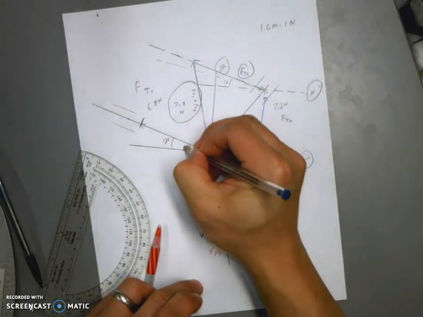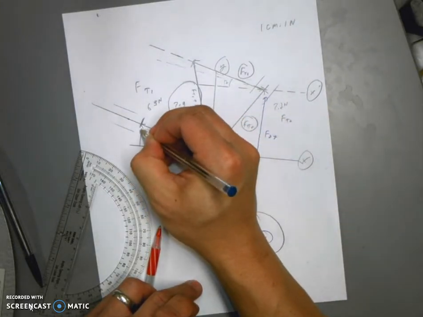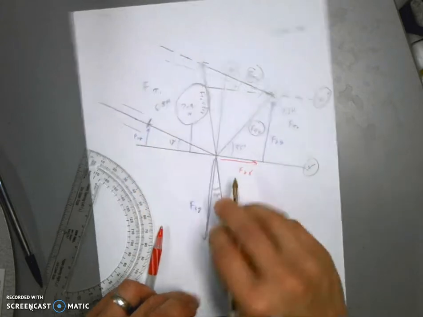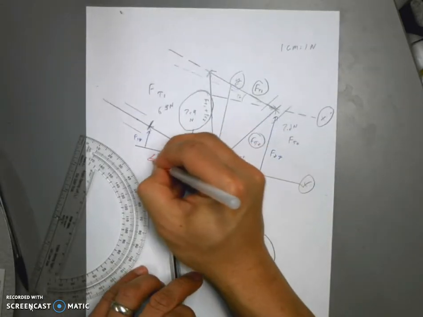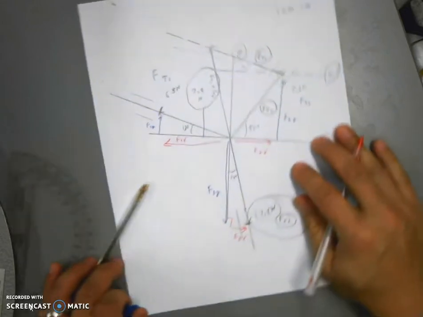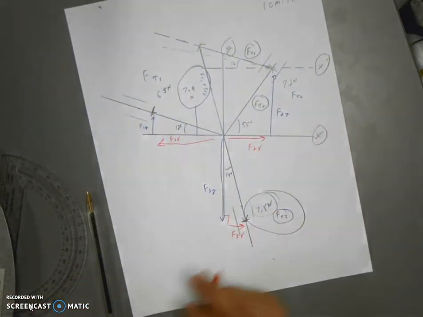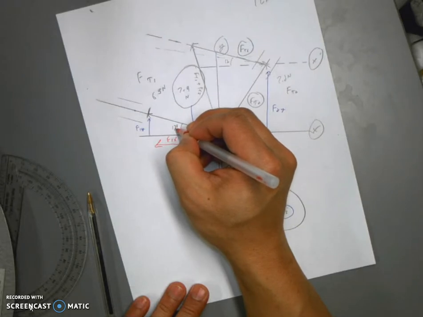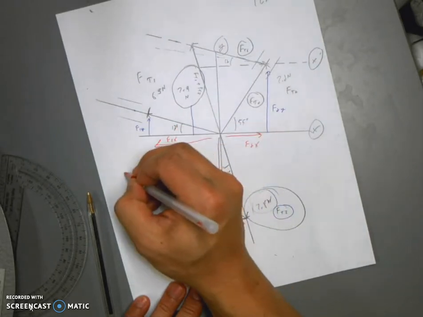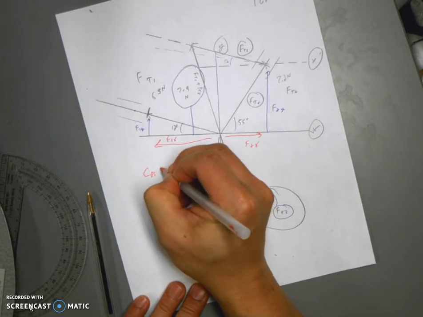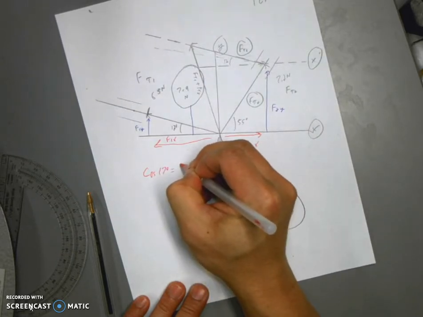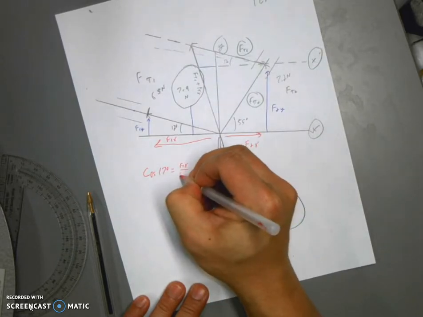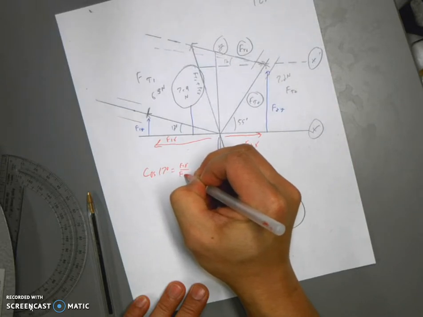Same thing over here, FT1, F1y and F1x. I'm just going to do one of these because I'm sure you can do the trig on your own. But to find F1x, since it's adjacent to the 17 degree angle, SOHCAHTOA gives us that the cosine of 17 degrees is equal to F1x over FT1.